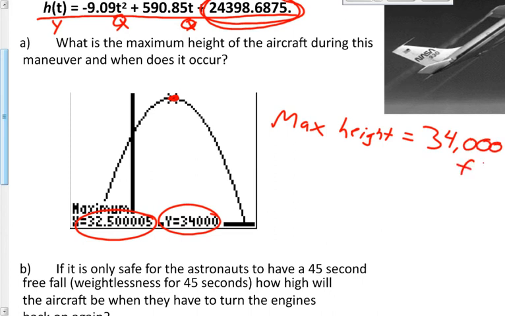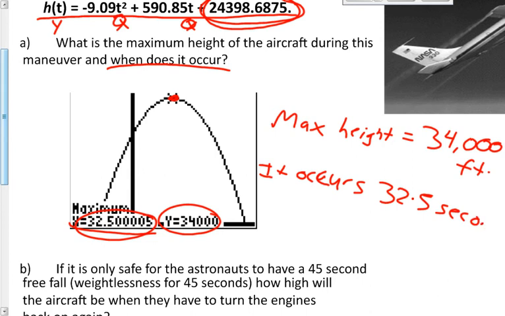34,000 feet. And make sure you answer the whole question, when does it occur? So that's going to be our time parameter. That's the x value. So it occurs 32.5 seconds. And this question is maybe a little bit difficult. It's not 32.5 seconds after the plane takes off.